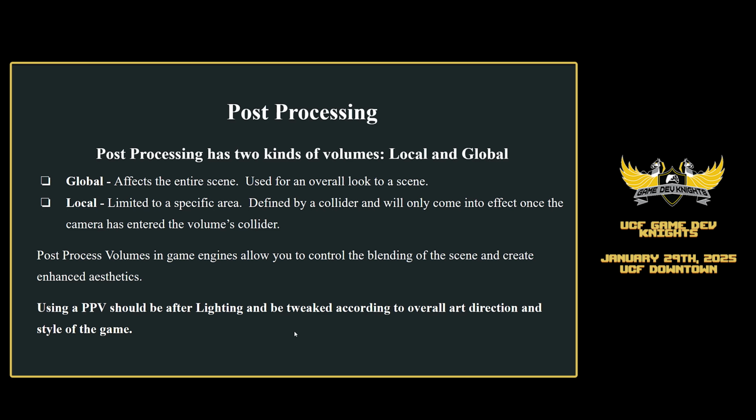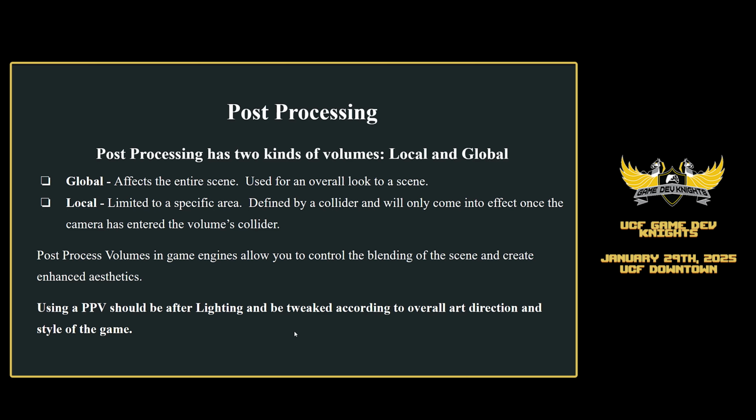You'll have a main global one, and if you want a certain section to have a black and white transition, you would just set up a local volume, and as soon as the camera enters that volume space, it's going to trigger that black and white color. So they're very, very useful.